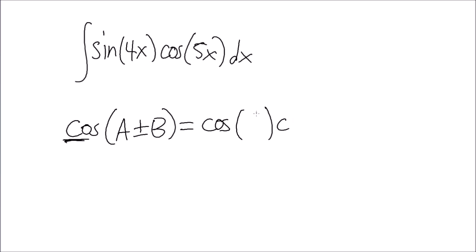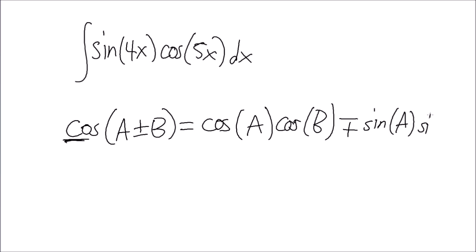And the way it works for this cosine trig identity, it's cosine A, cosine B, and here's where it gets tricky. For cosine, the sign flips. So it's minus plus, and then sine, sine.